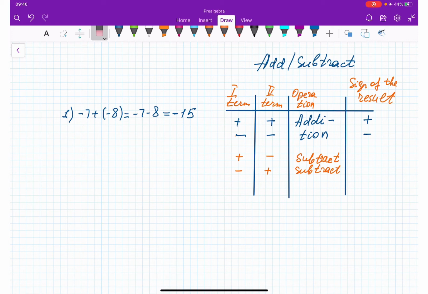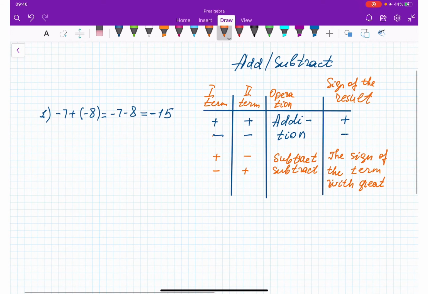So the sign we put is the sign of the term with greater absolute value.